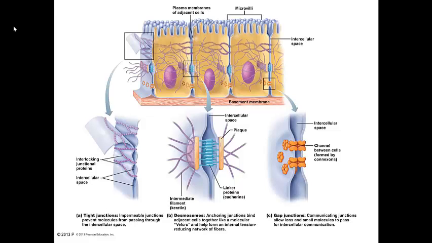Desmosomes add a little extra tightness to the Ziploc. It's kind of like a little spot weld. Ever look at Velcro up close and personal? That's what it's kind of like. So we have little proteins that hook and link to give extra added tightness to cells, in cells, for example, that make up your bladder.